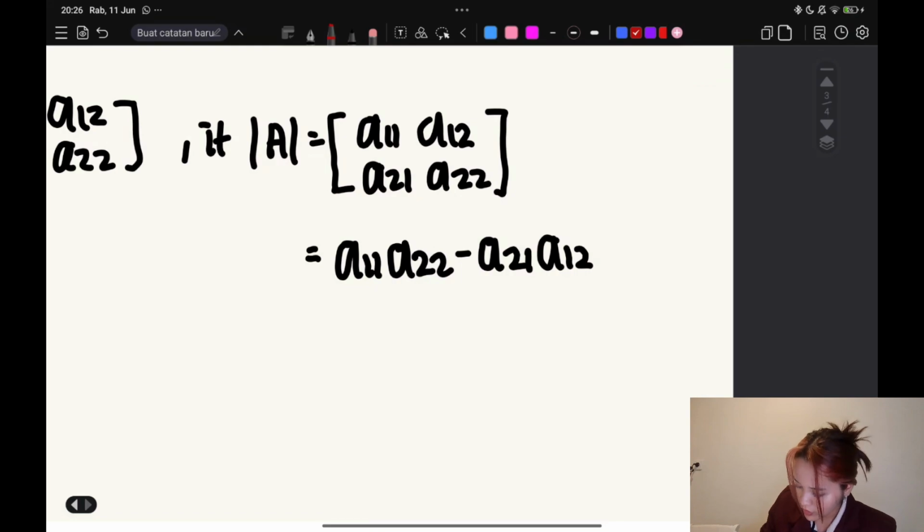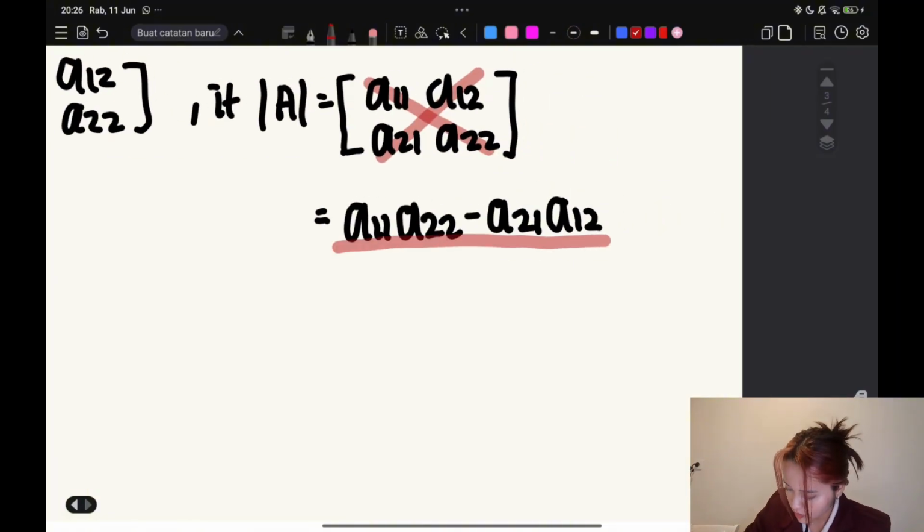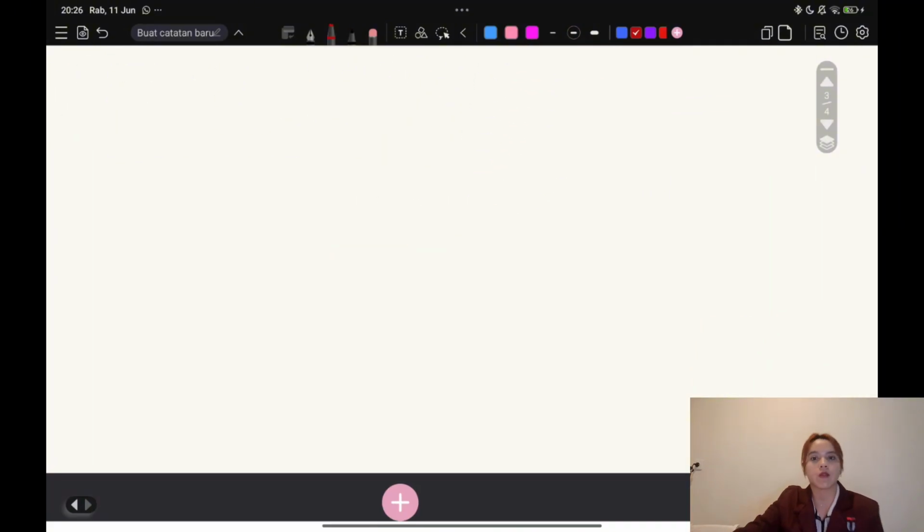For the product is like this, and then minus this one, just like this, and then we have this answer for the next explanation.